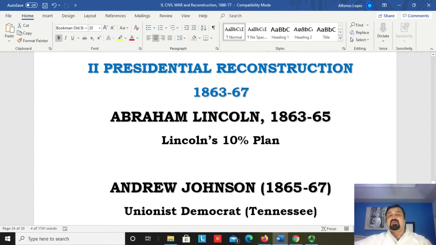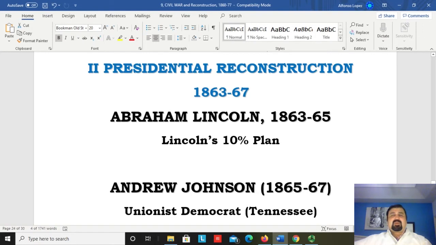His plan is, look, I want to restore the Union as soon as possible, so I'm not going to set the bar really high for the southern states, but rather I just want those southern states to abolish slavery. And as soon as they do that and they write new constitutions that prohibit slavery in those states, then as far as I'm concerned, they're totally ready to come back.